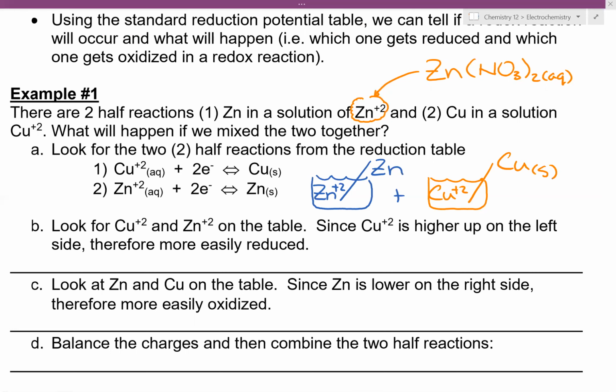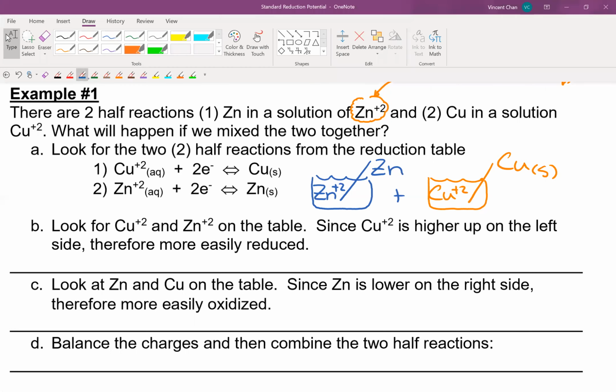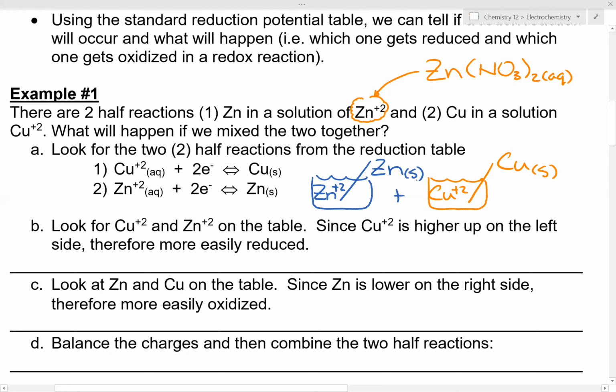So what will happen when I mix these two together? Okay, so it's like that. First of all, we look for zinc 2 plus and copper 2 plus on the table. Since copper 2 plus is higher up on the left, therefore it is more easily reduced.